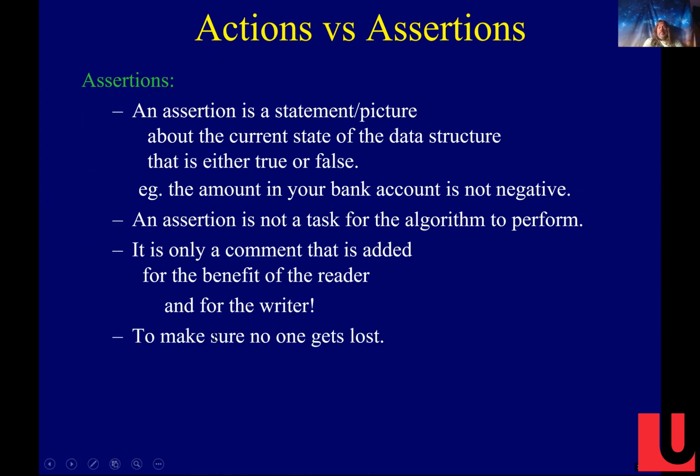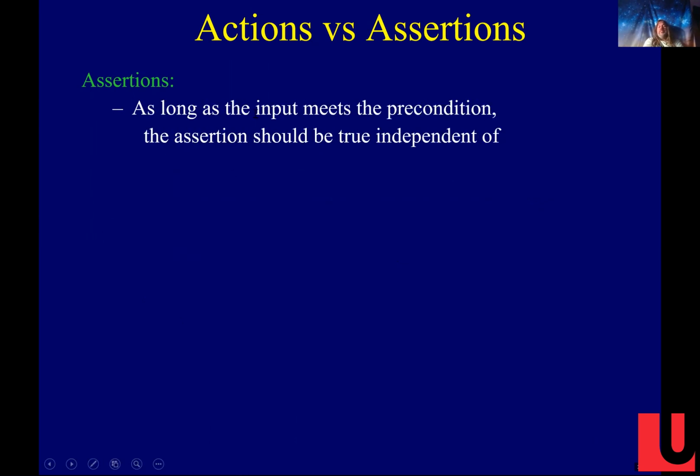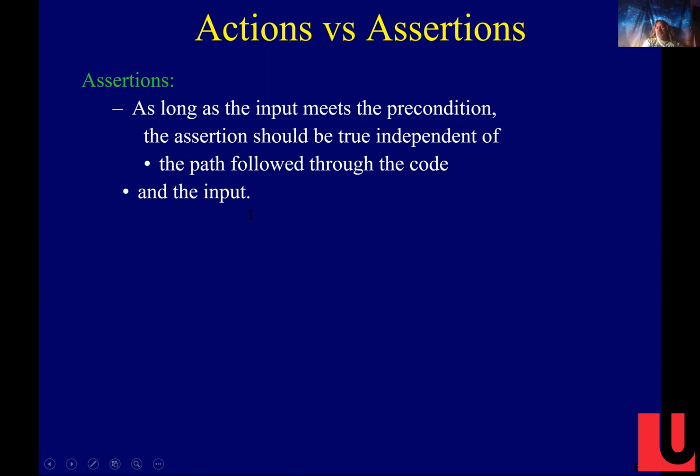And it's there to make sure nobody gets lost, right? As long as the input meets the precondition... Somebody asked me the other day, last class, how is the assertion independent of the path followed and of the input? And I was a little shaken by that, I will confess.